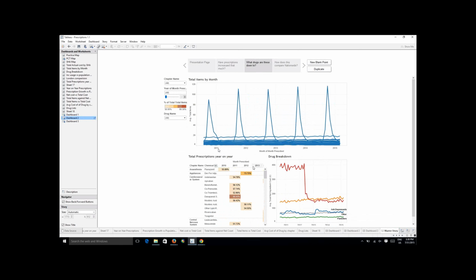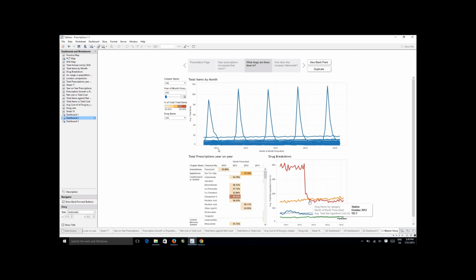If 1 year makes up 50% over my 4 years, that's quite a surge in prescription usage in a particular year. And this chart just highlights that and aids the investigating of why there's a particularly high number of prescriptions in that particular year. And then here I've tried to break down, looking at the original Daily Mail quote, which was about antidepressants, painkillers, statins, and diabetes drugs. So I've grouped these together to see whether there is a surge or not.